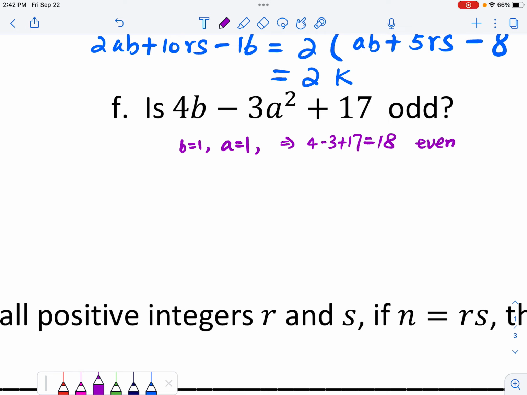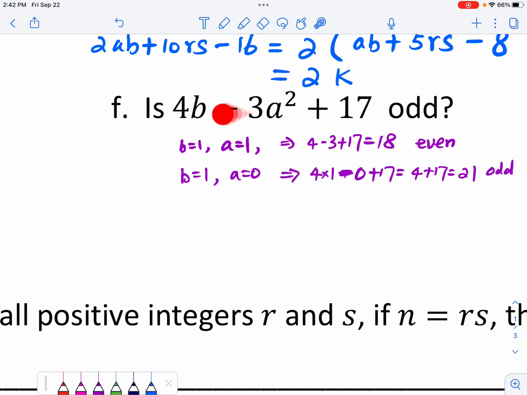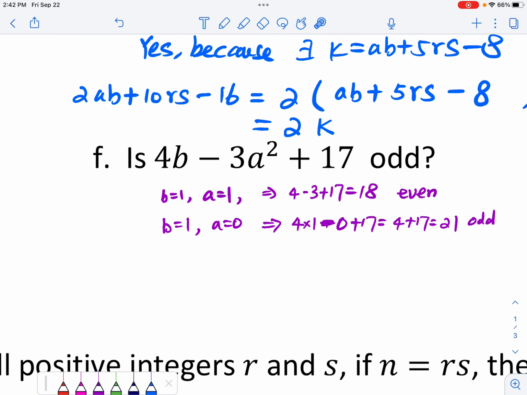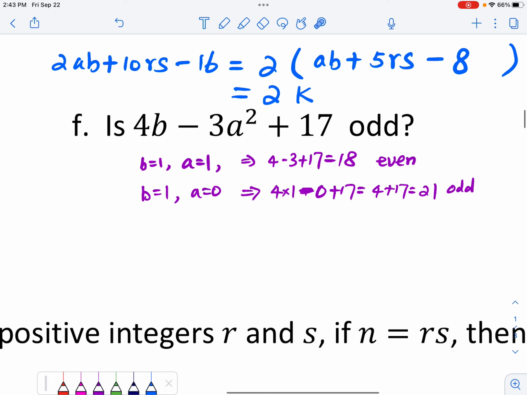Now if you try b is 1, a is 0, then this becomes 4 times 1 minus 0 plus 17, which is 4 plus 17, which is 21. It becomes odd. So it really depends on what a and b are, and I really cannot write this into a definite 2k form or 2k plus 1 form. Sometimes it's even, sometimes odd.